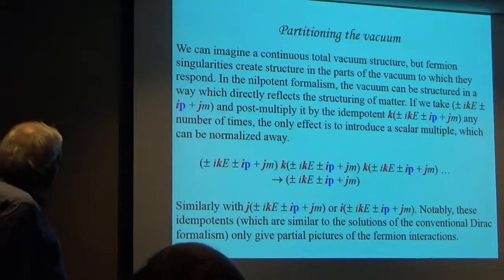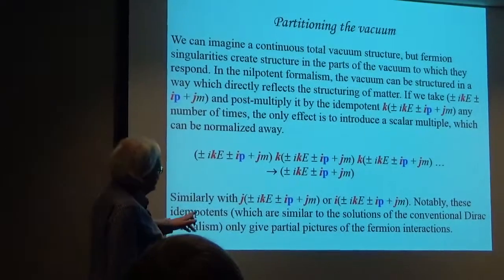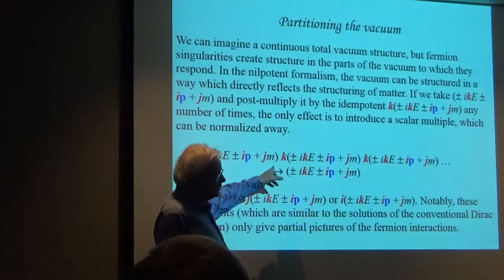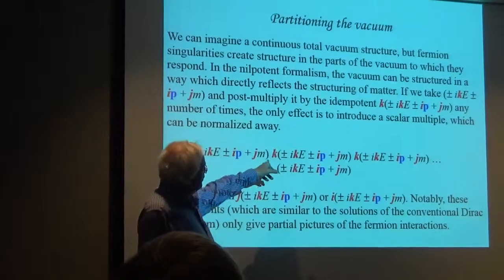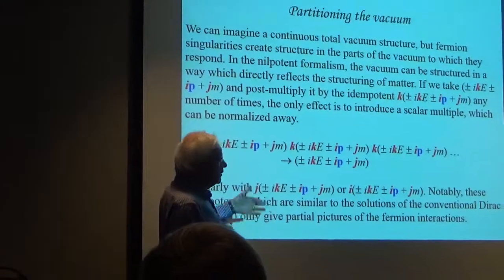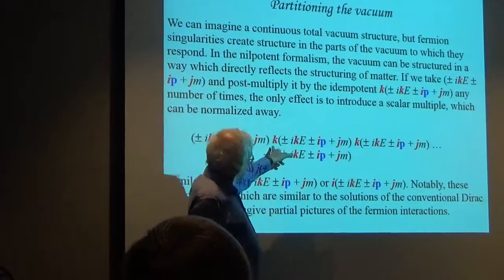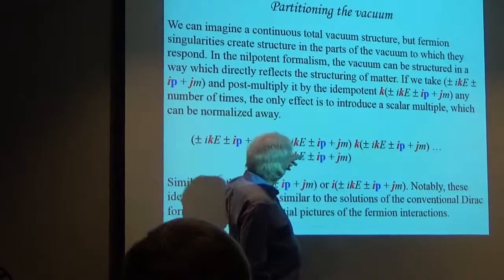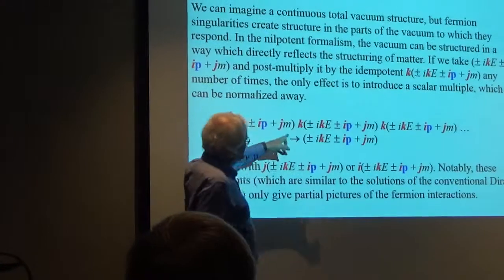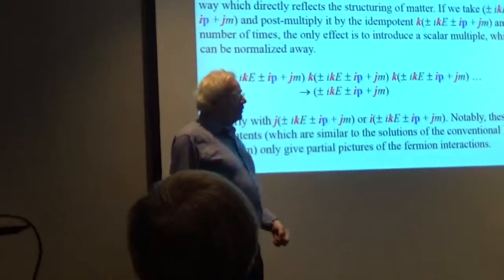And another thing we can do is this. Now, many people say that particles are minimal left ideals, idempotents. Well, this is an idempotent, k times all this. So if I multiply that by that, it will just not change.